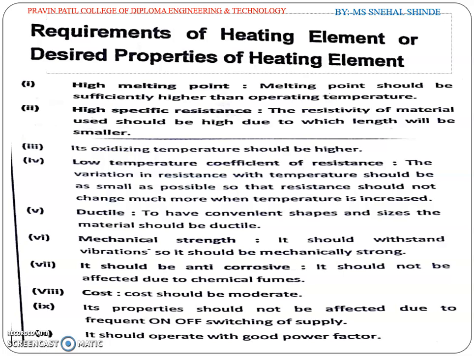So these are the main properties required in the heating element system. It should have a high melting point, so the melting point should be higher. Then it should have high specific resistance.